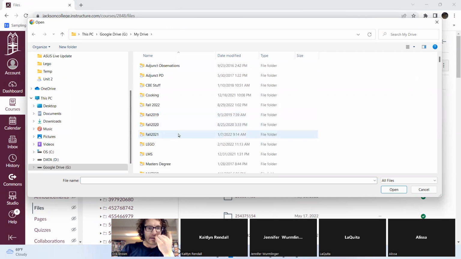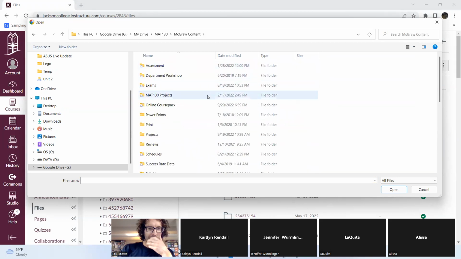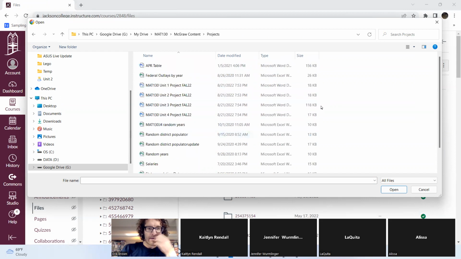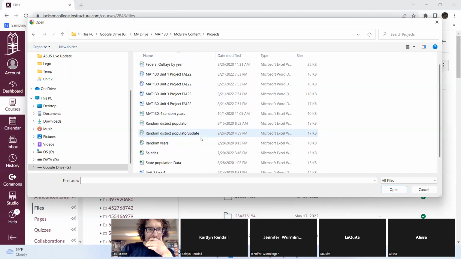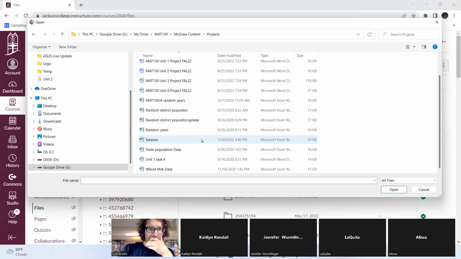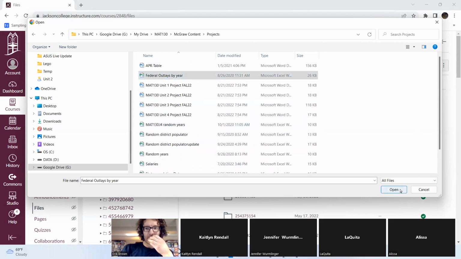And then you can get that data going. Federal outlays by year.